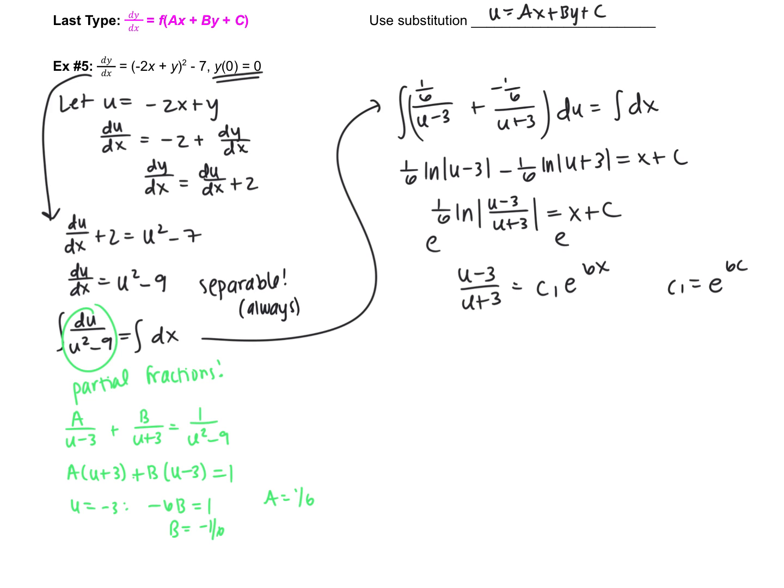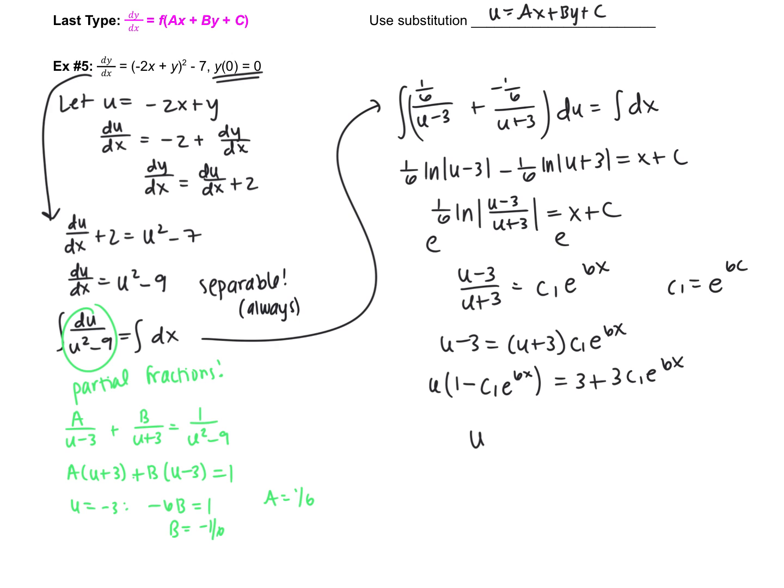Okay, so if I want to solve for u then, I'm going to get u - 3 is equal to (u + 3) c1 e to the 6x. So if I factor out a u and move all the u's to one side, I'm going to have u times (1 - c1 e to the 6x) is equal to 3 + 3 c1 e to the 6x.